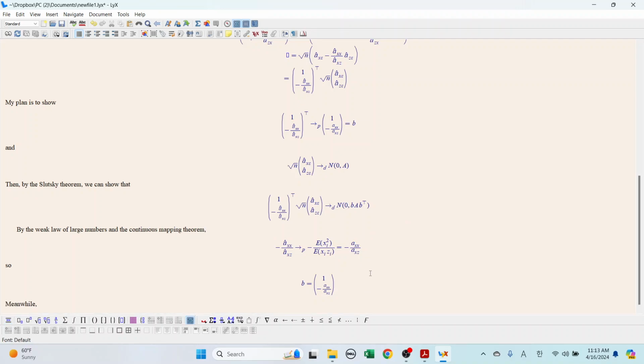Meanwhile, we are going to handle this by the central limit theorem.